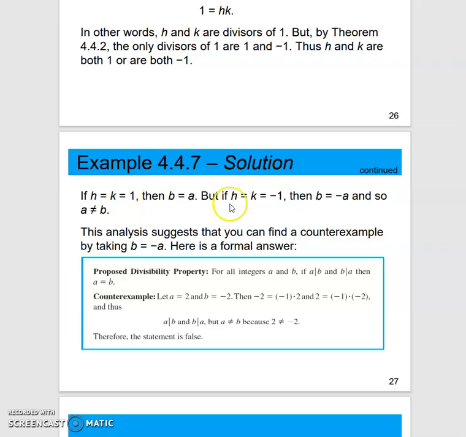If they both equal 1, then b equals a. But if they're both negative 1, then b equals negative a, and they are different. That does suggest a counterexample: numbers that are almost equal, but one's positive and one's negative. So you can hopefully see some of the algebra and thought process behind it, and we did finally get to our counterexample as well.